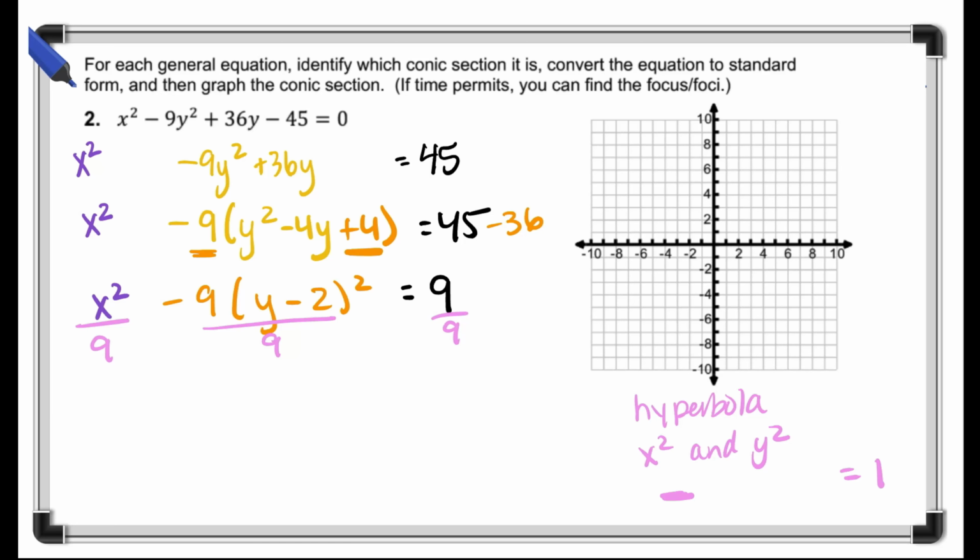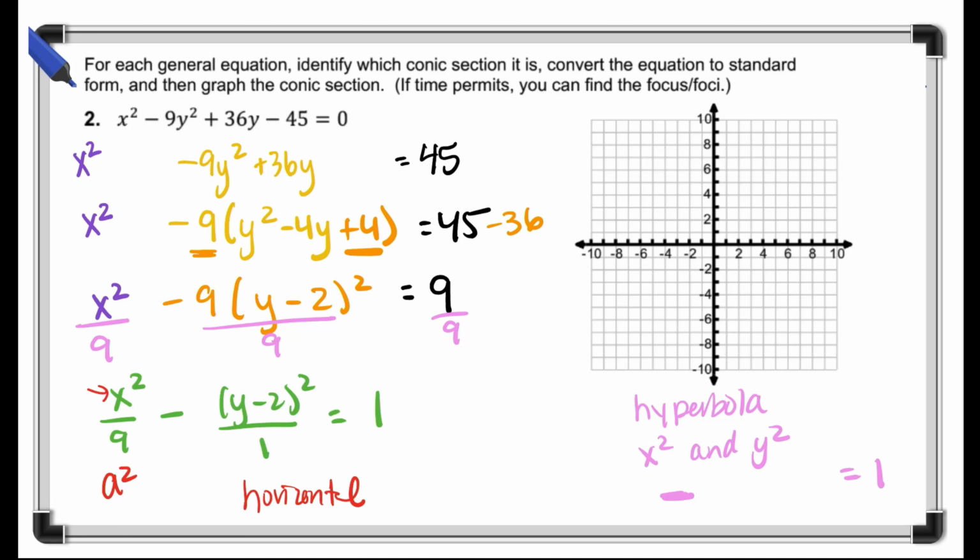Now, you've got x squared over 9 minus, and then our 9s are going to simplify. So you have y minus 2 squared, 9 over 9 is 1, and that equals 1. Now remember, with a hyperbola, your a squared is always going to be first, and because your a squared is on the x, this will be horizontal.